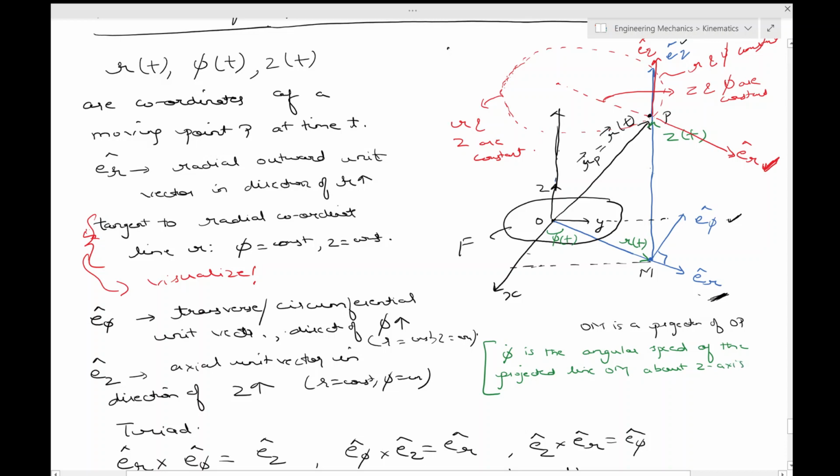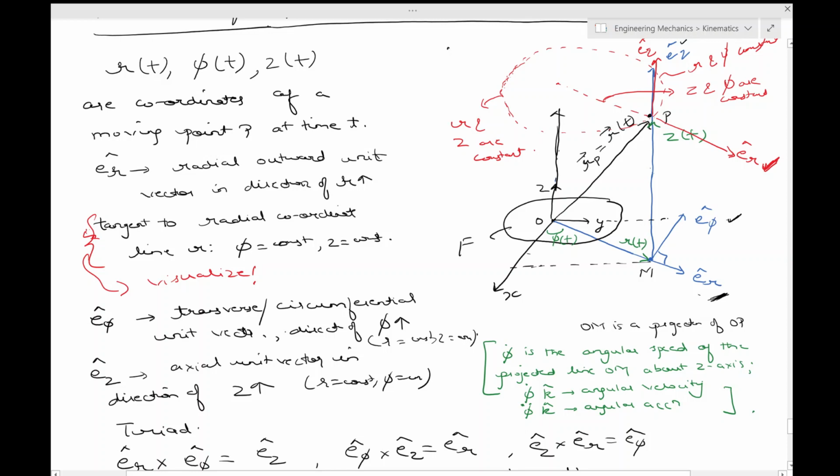Every time you define an angular speed, it is about something, about a point, about a line, whatever. Its angular velocity is phi dot k hat and angular acceleration is phi double dot k hat. So these are some other definitions of angular speed, angular velocity and angular acceleration.